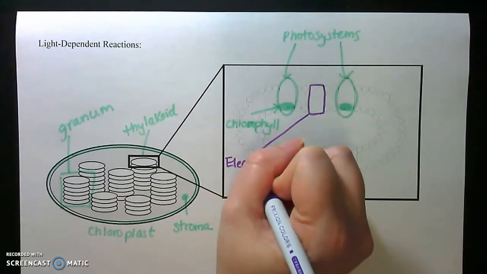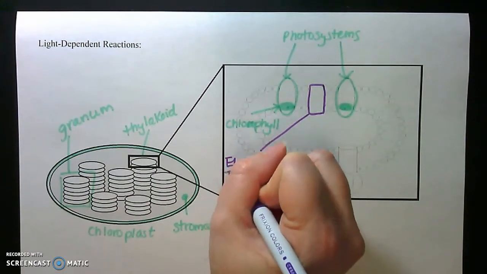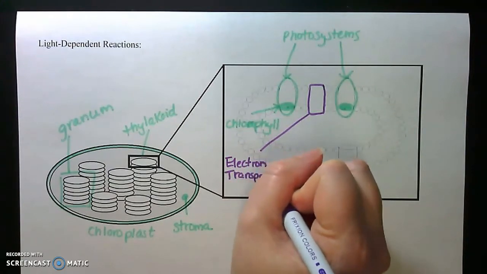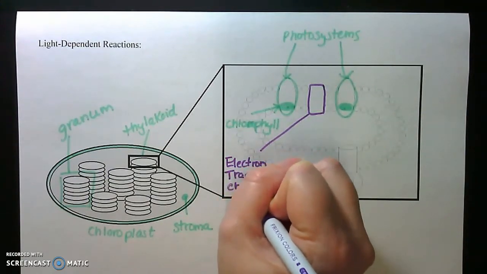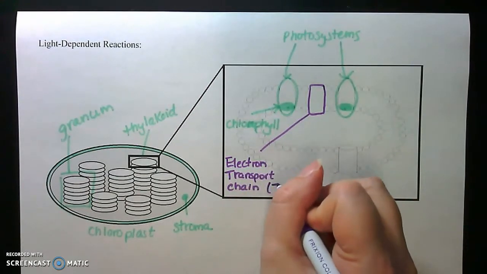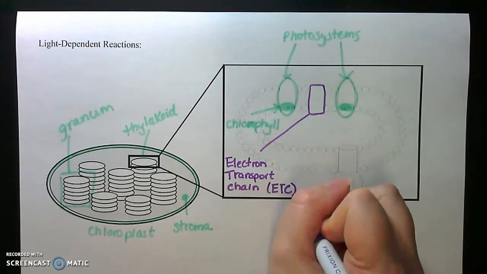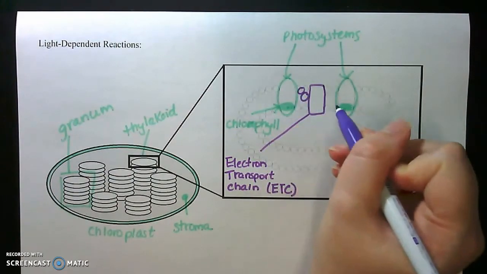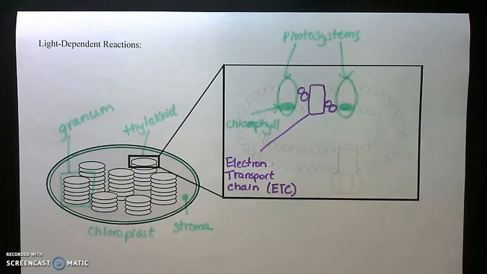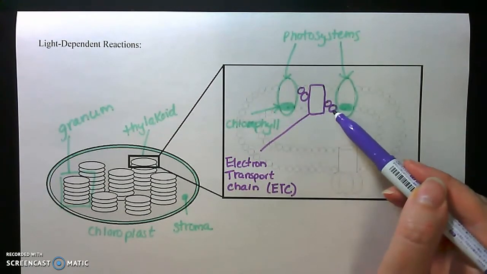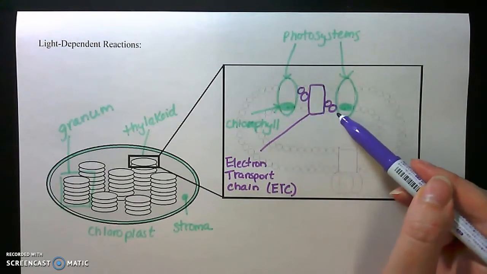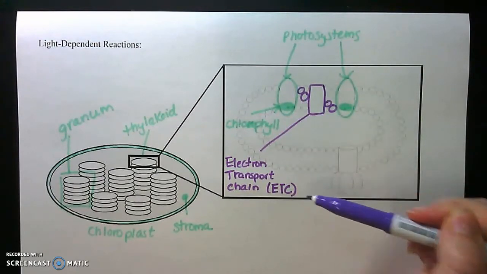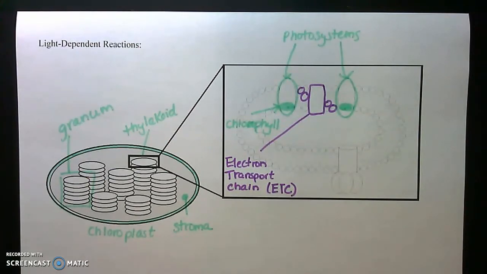So we call that the electron transport chain, or simply just the ETC. Now there are other membranes or proteins embedded in the membrane that are part of that electron transport chain. You don't need to know all the specific components of this system. If you just know it as the electron transport chain, or ETC, that is sufficient for our purposes.